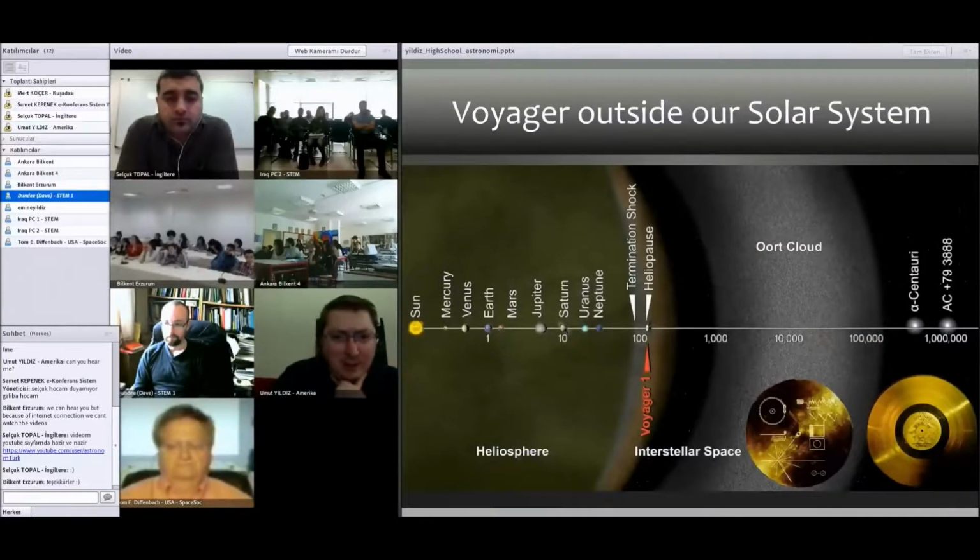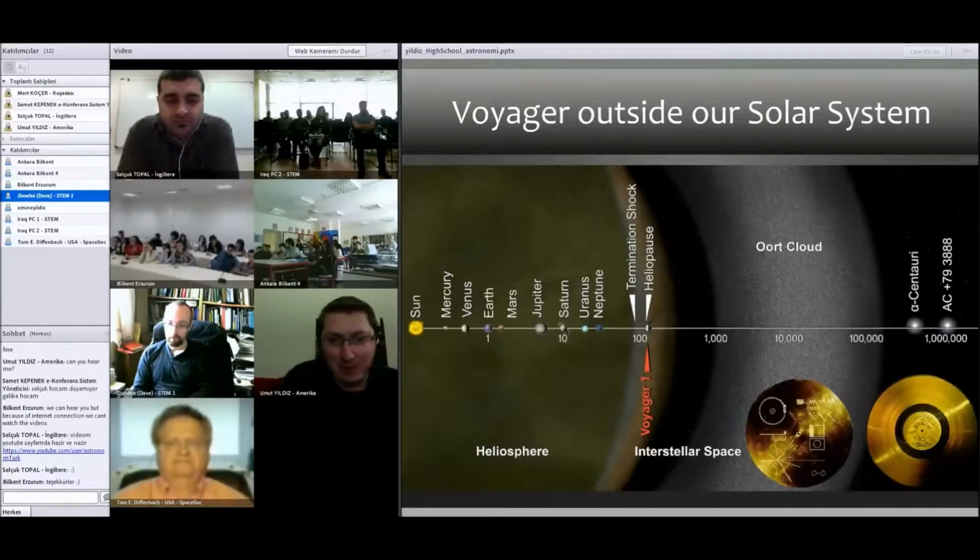The last thing that I want to mention is the Voyager spacecraft. It was launched in 1977, and the idea was to go to Jupiter and Saturn and take pictures there.